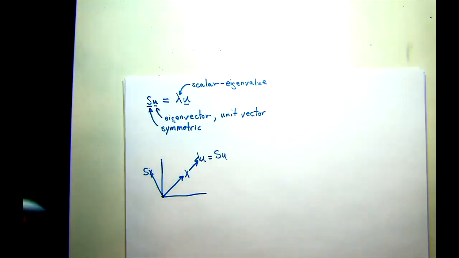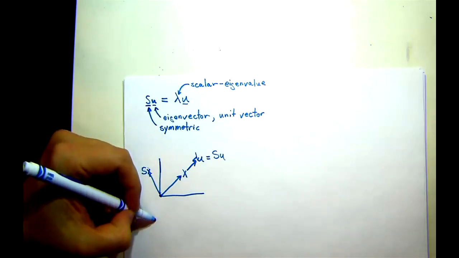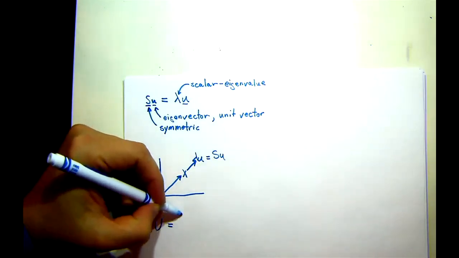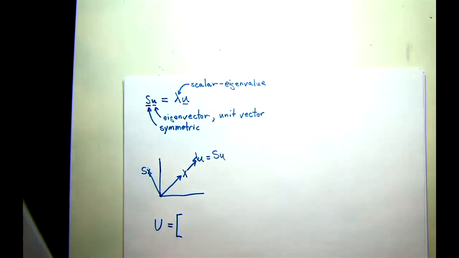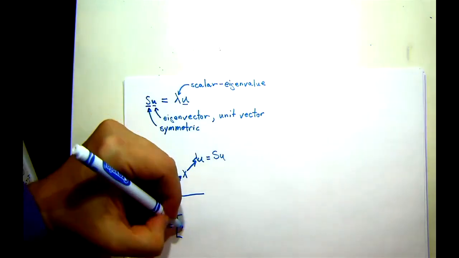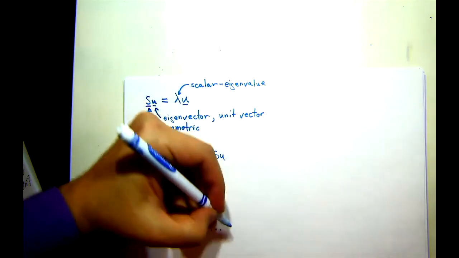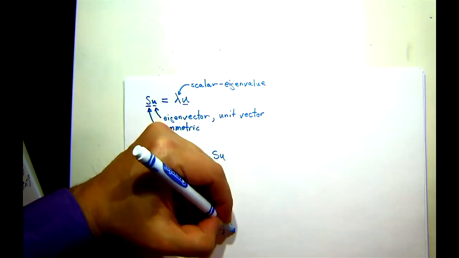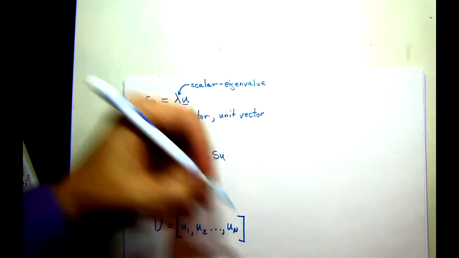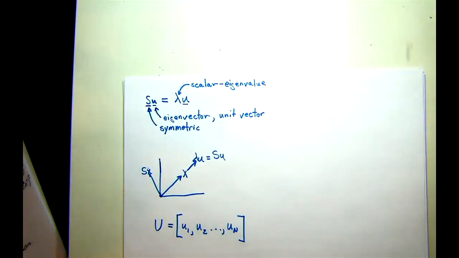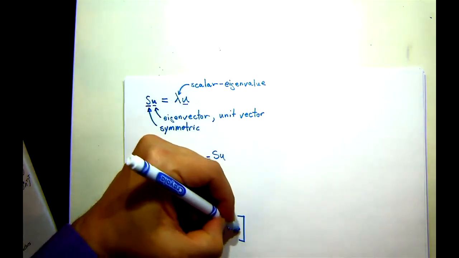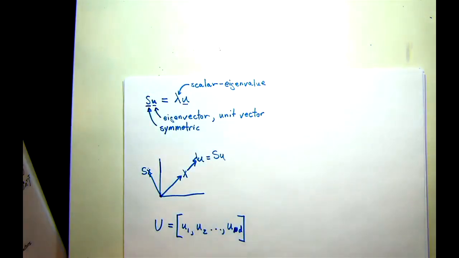Now, the interesting thing is we can put together a U matrix that consists of all of these individual eigenvectors. And there should be n of them. Sorry, I'm going to use d here because this is the dimension of the space. There should be d of them, and there will be associated eigenvalues for each one of them.